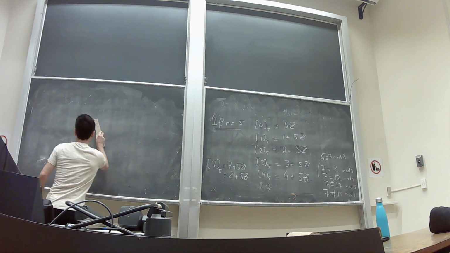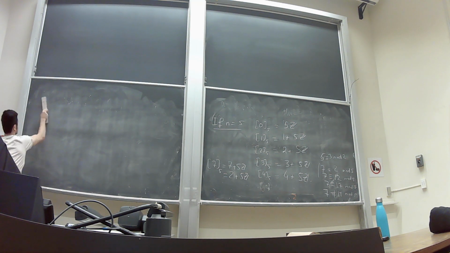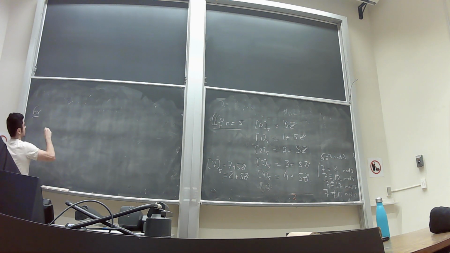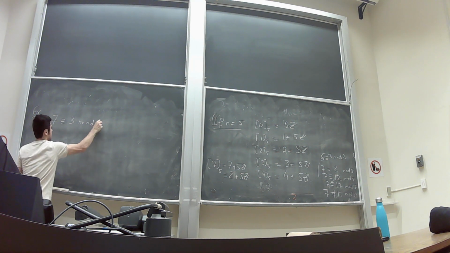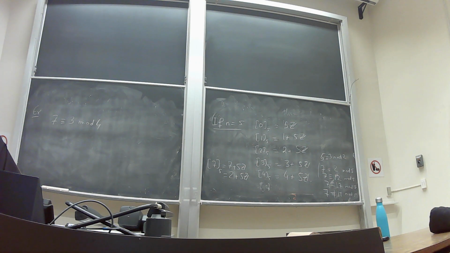Now let's prove some properties about these congruences that are very important. Let's first do a small example. 7 is congruent to 3 mod 4. Agree or not? Let's take another: 9 is congruent to 1 mod 4.